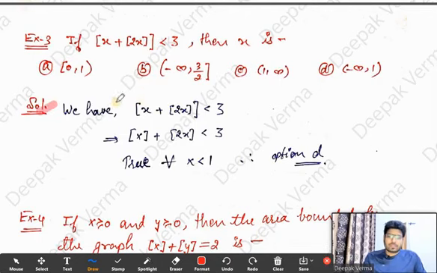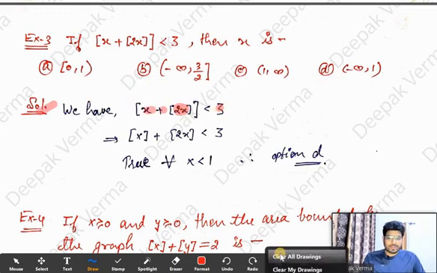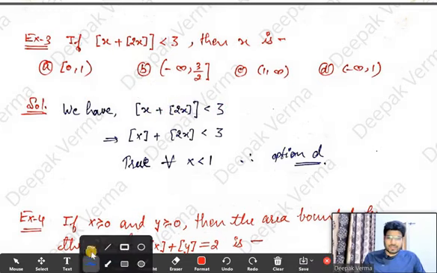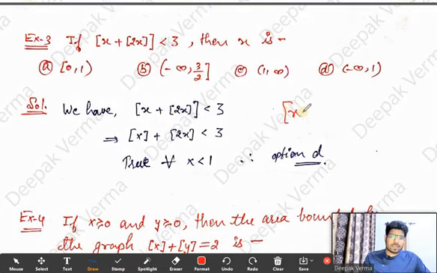Now the solution: since we have box x plus box 2x less than or equal to 3, it is something like box x plus an integer. Got it? If you remember, in the previous lecture I told you whenever we have box x plus an integer, we can simply take the integer outside the box.